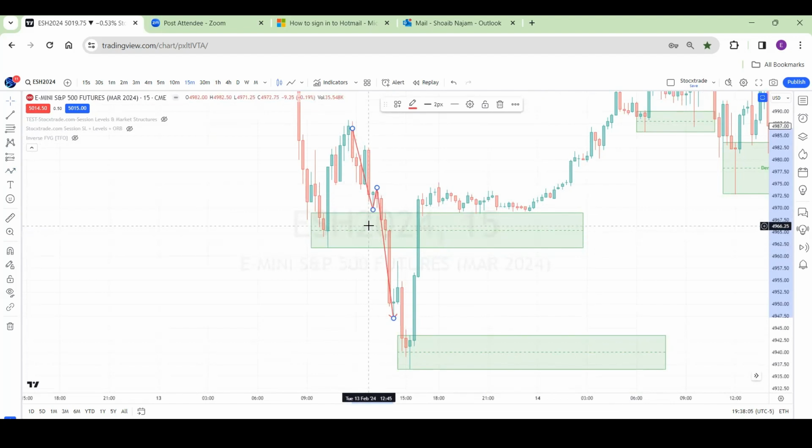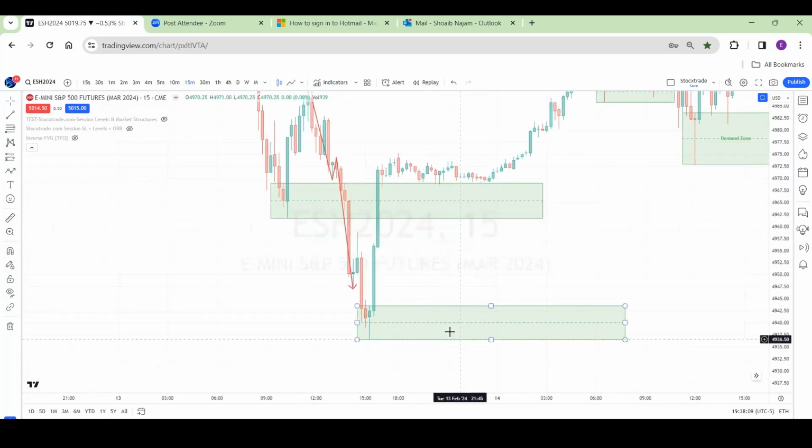Okay. But this is a really powerful demand zone compared to the normal demand zones. This demand zone, where the price didn't stop in the first go, is a really strong level, and there is more potential to go in the reverse direction. Why?